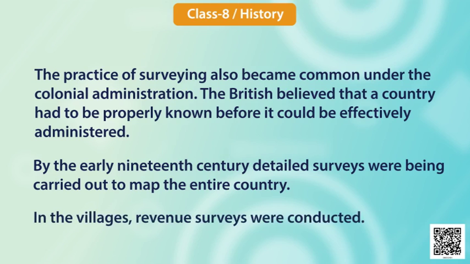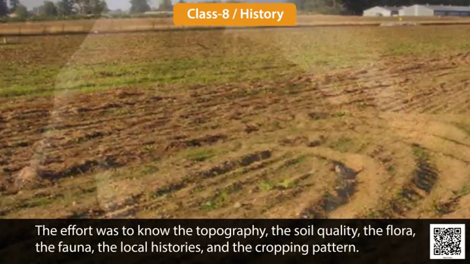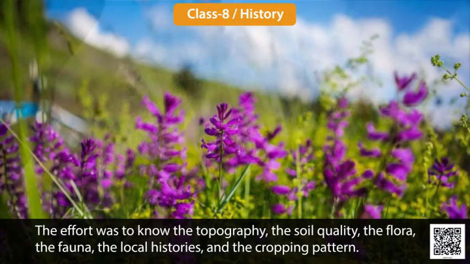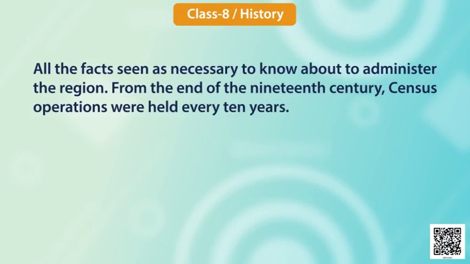In the villages, revenue surveys were conducted. The effort was to know the topography, the soil quality, the flora, the fauna, the local histories, and the cropping pattern. All the facts seen as necessary to know about to administer the region. From the end of the 19th century, census operations were held every 10 years.